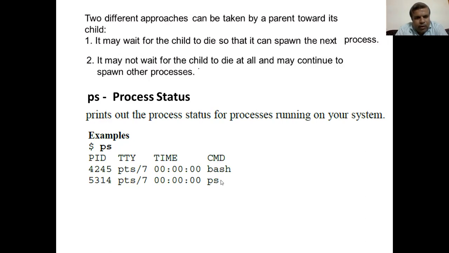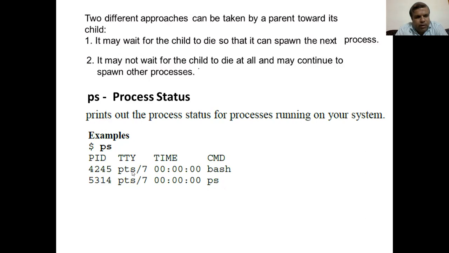So in this example, there are two processes that are currently running on your system. One is bash and another one is ps. The PID of bash is 4245, and it is executed on the terminal pts/7.